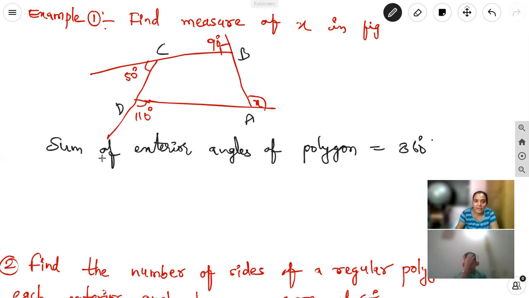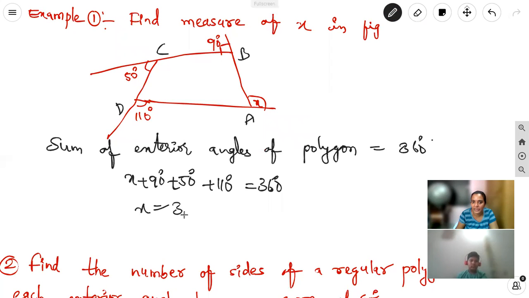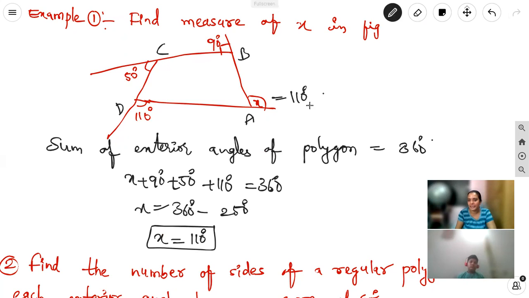Here we can write the summation of the known angles and unknown angles. That is x plus 90 degrees plus 50 degrees plus 110 degrees equal to 360 degrees. Here x equal to 360 minus, 90 plus 110 is 200, 200 plus 50 is 250. 360 degrees minus 250 degrees, subtract. The x equal to 110 degrees. So the exterior angle is equal to 110 degrees.